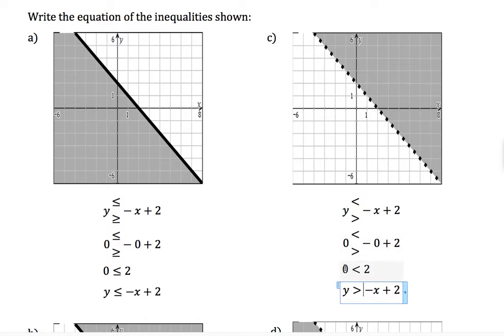So here we have 0 is less than 2, which here is our (0, 0), but it's not shaded here. We want it shaded over here. So we know that 0 is less than 2, so the equation would use the greater than symbol here. Okay?